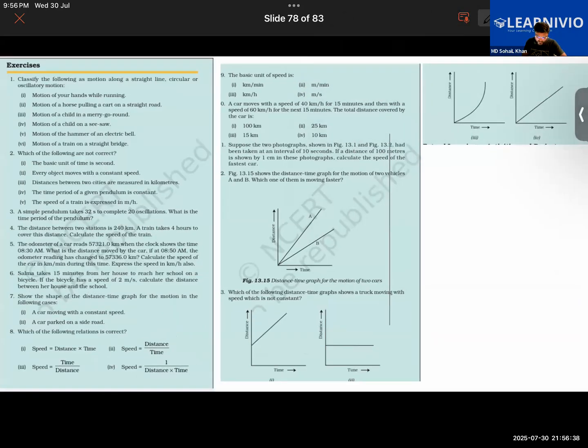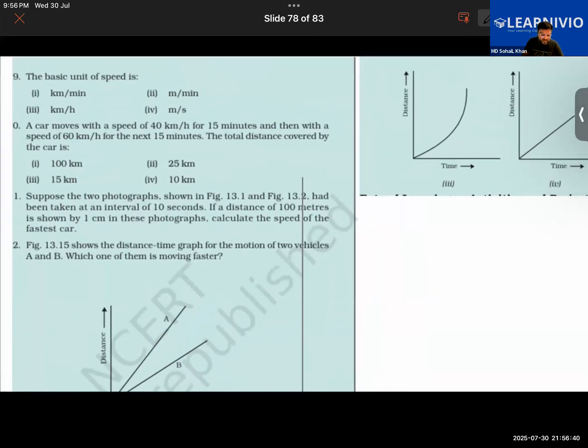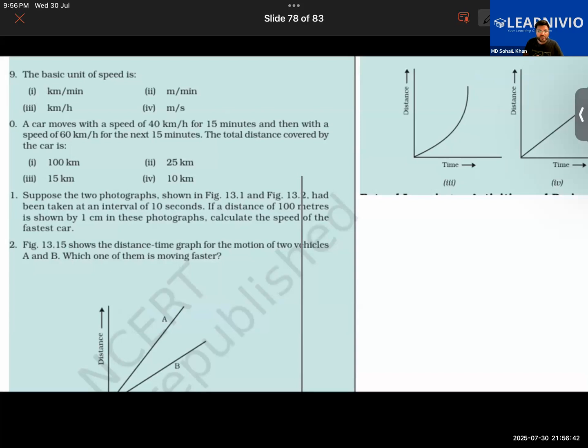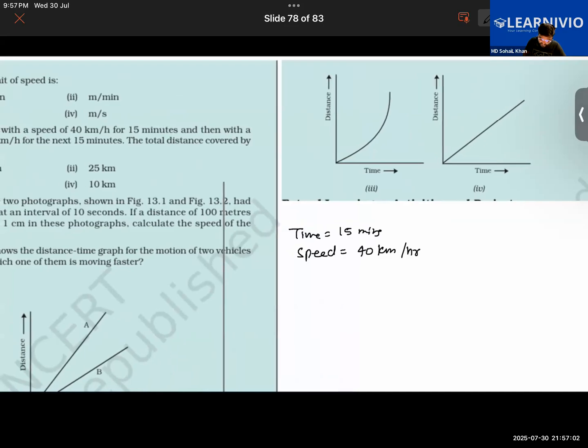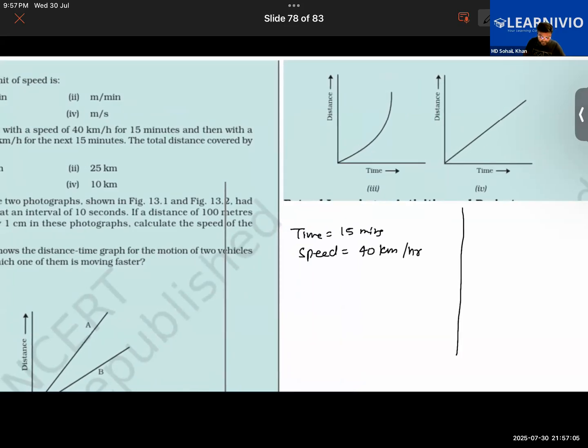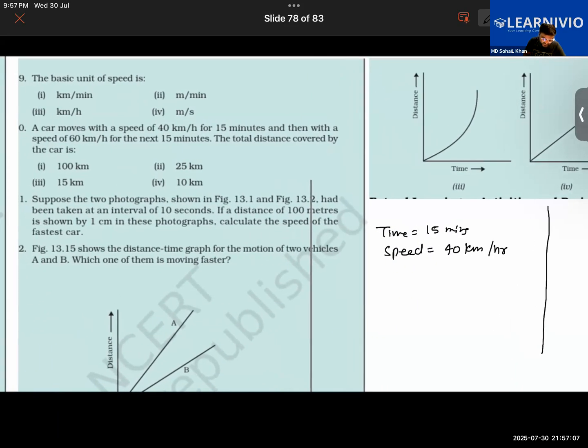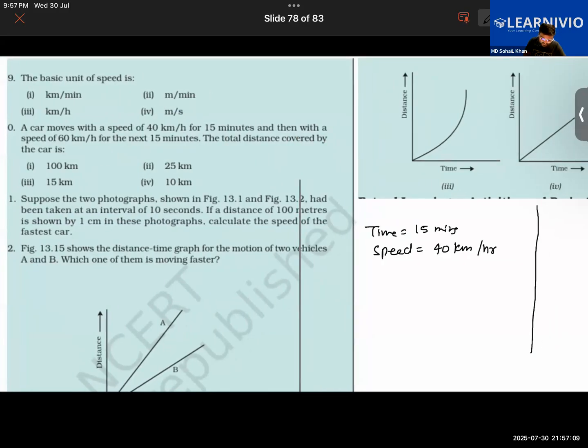The question is saying that a car is moving with a speed of 40 kilometers per hour for 15 minutes. So for the first 15 minutes, the time given is 15 minutes, and the speed is 40 kilometers per hour. Then the question says it's now moving with a speed of 60 kilometers per hour for the next 15 minutes.